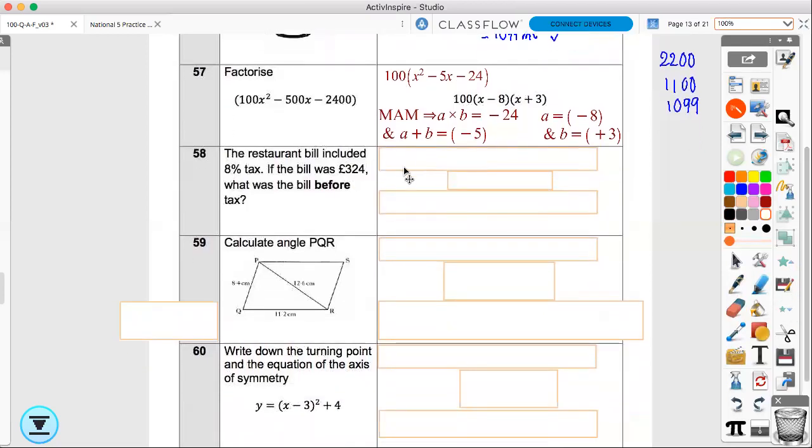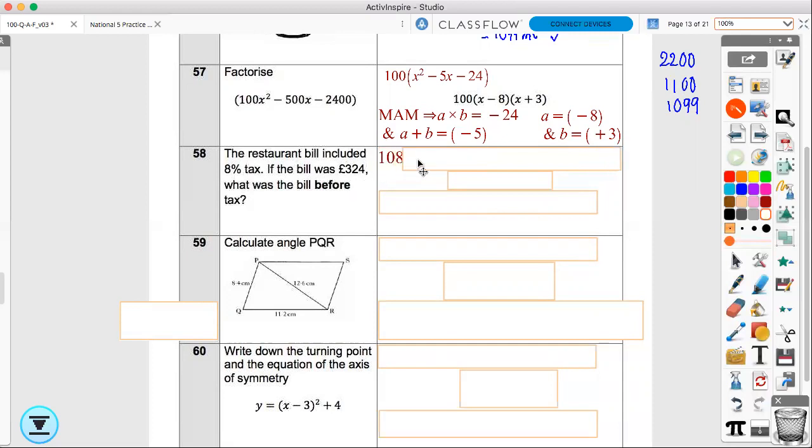Restaurant bill. If the bill was 324, what was the bill before the tax? So the common thing I've seen people looking at is the restaurant bill included 8%. If the bill was 324, what was the bill before the tax?